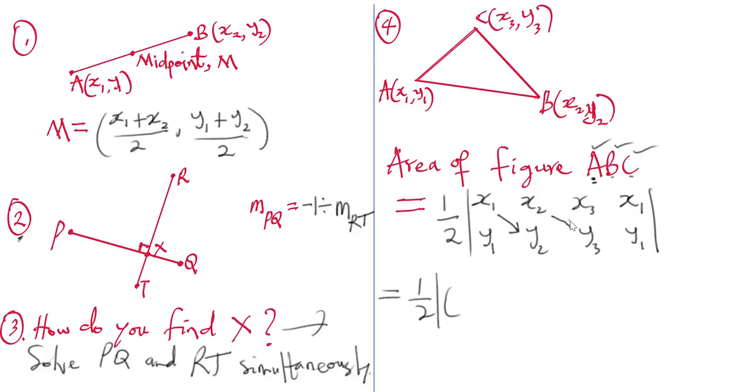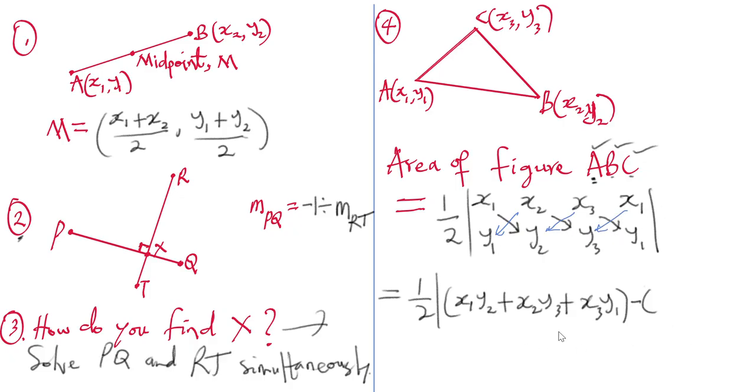Now this is what you do. Multiply all these ones. x1 multiply y2 gives you x1y2 plus x2y3 plus x3y1, minus. You are going to subtract the other products: multiply this, multiply this, multiply this.